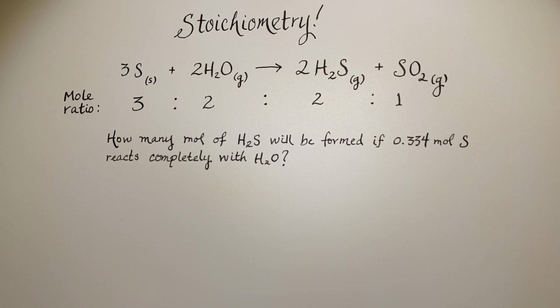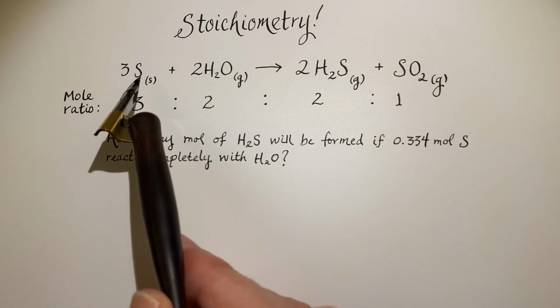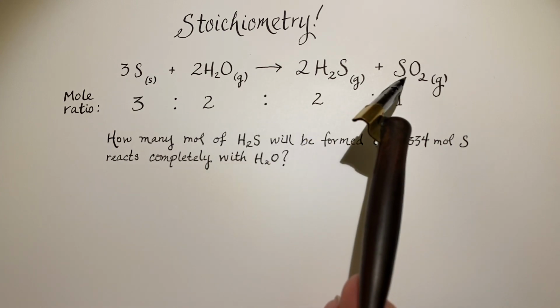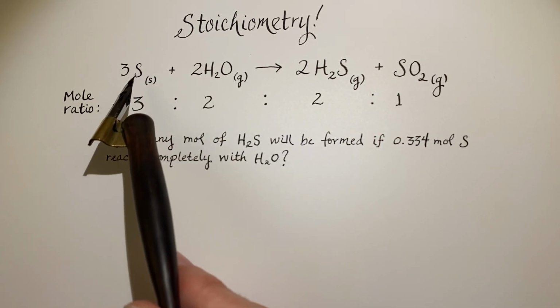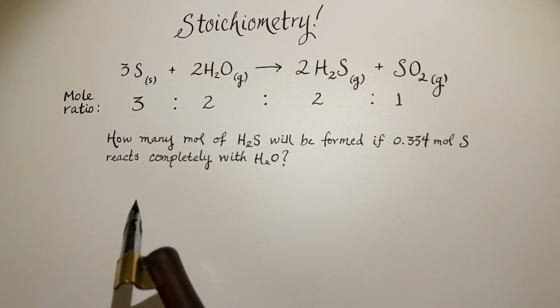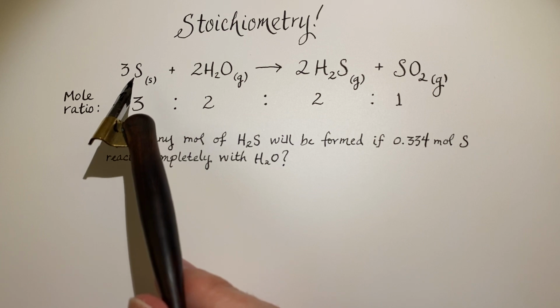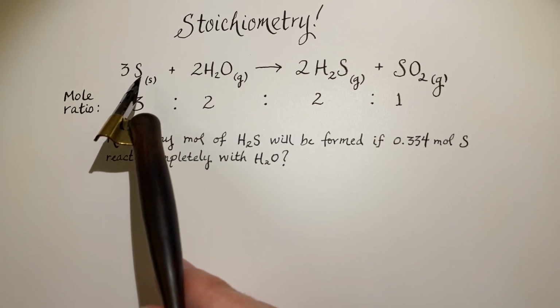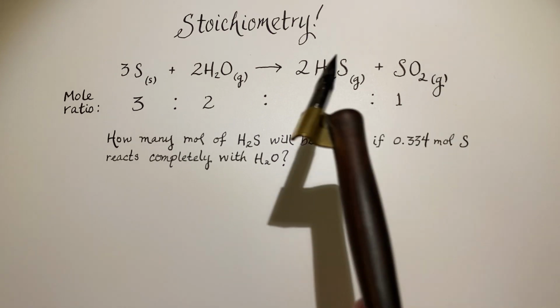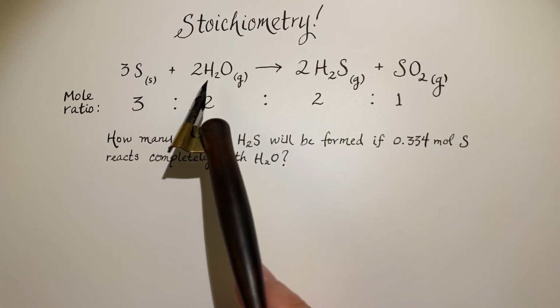Elemental sulfur exists in molecules, a cluster of 8 of them. So this is simplified down to just assume that there's just one sulfur at a time. And that's okay to do, because if we had an 8 there, we would have a balanced chemical equation that would essentially be 8 times all these numbers.